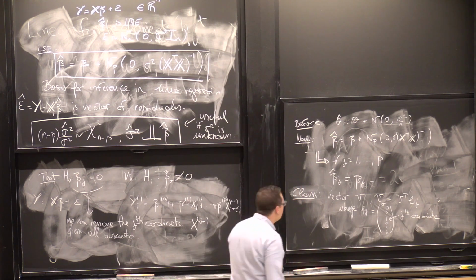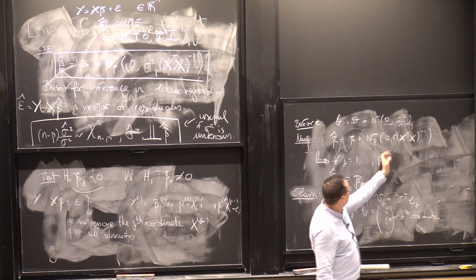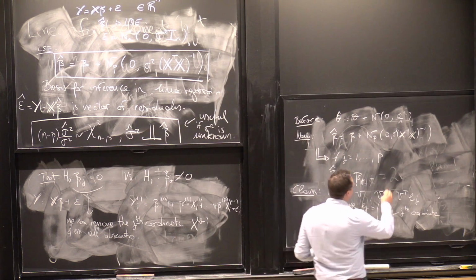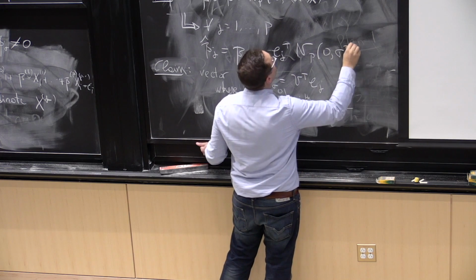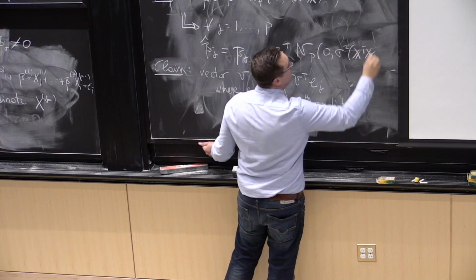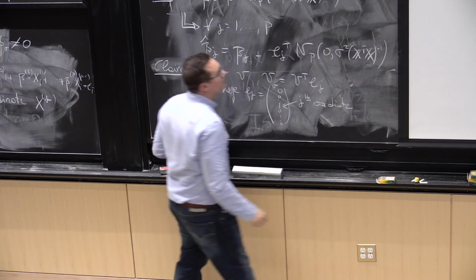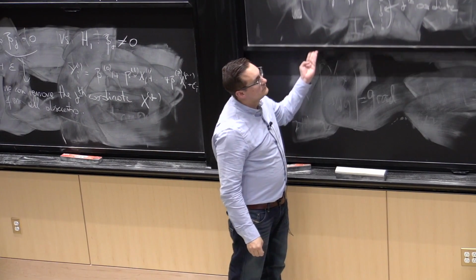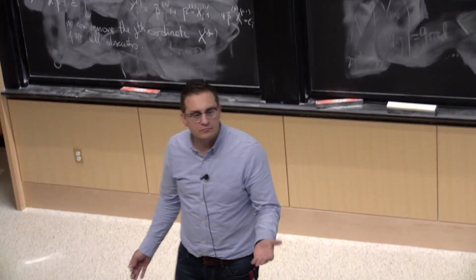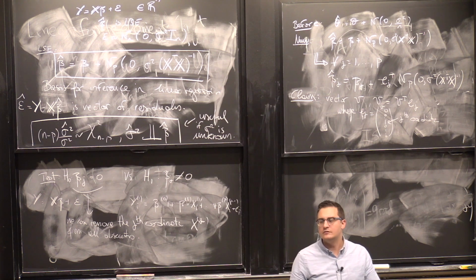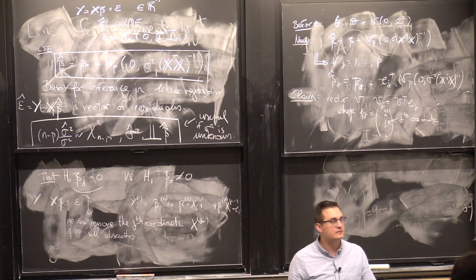Right? So now that I have this form, I can see that essentially beta hat j is just ej transpose N(0, sigma squared x transpose x inverse), right? And now I know what the distribution of the inner product between a Gaussian and a deterministic vector is. What is it? It's a Gaussian, right?